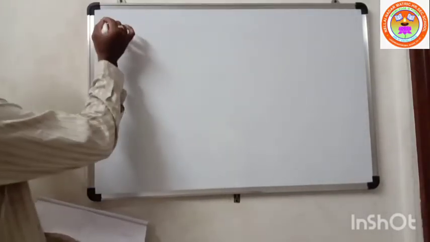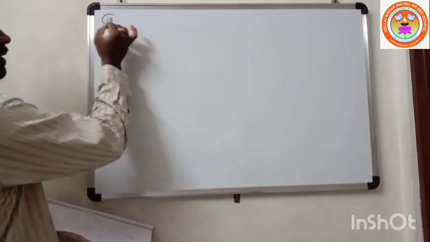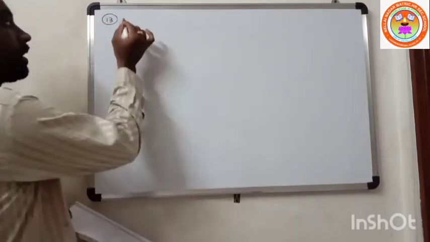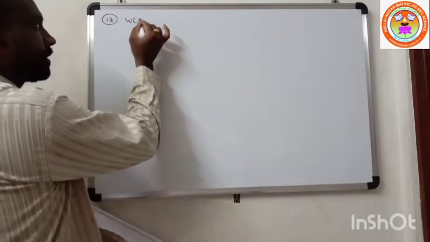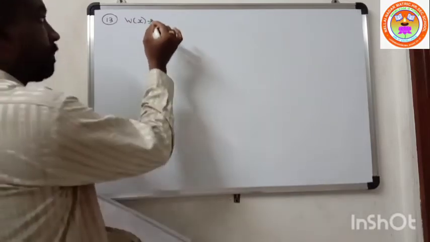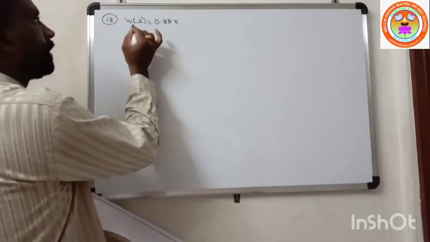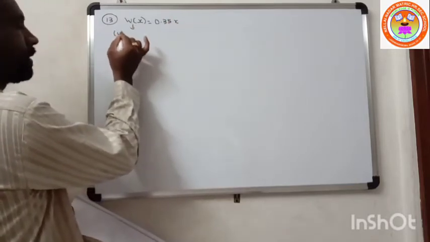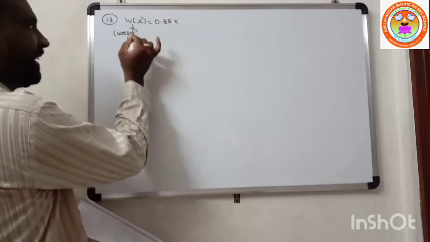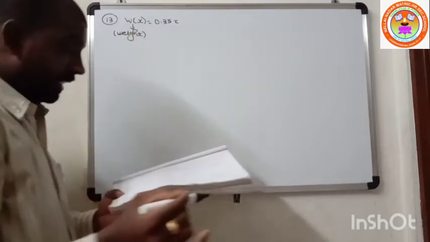I'll go to question number 13. W of x is given, 0.35 x. W means weight. Weight is given.